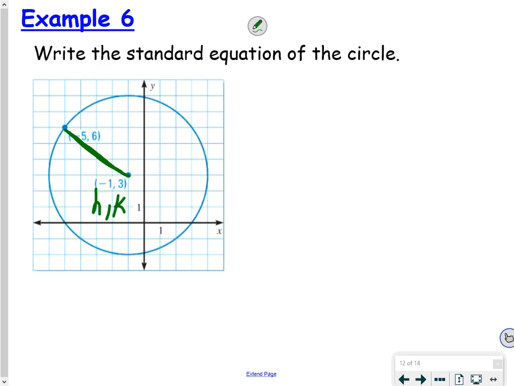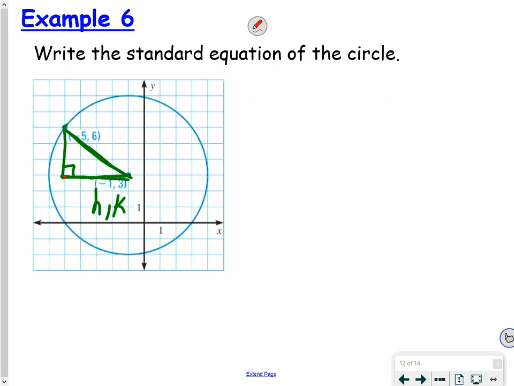If we connect those 2 points, the center point and the point on the circle, we could find the radius using the Pythagorean theorem. Notice that forms a right triangle. We could of course just use these points and plug them into the Pythagorean theorem, but instead we've got a picture, so let's utilize that picture.